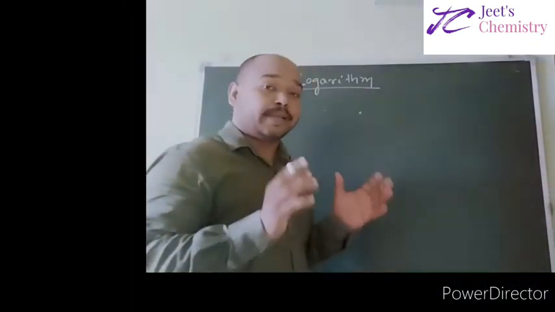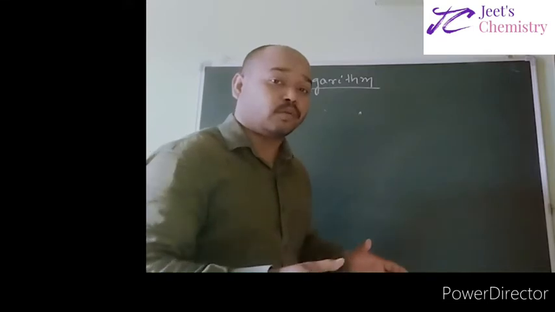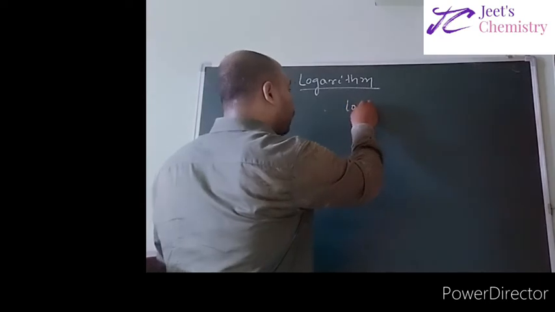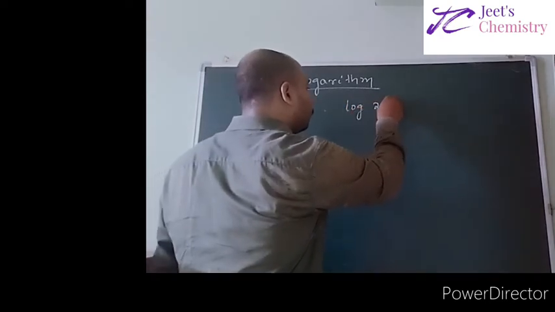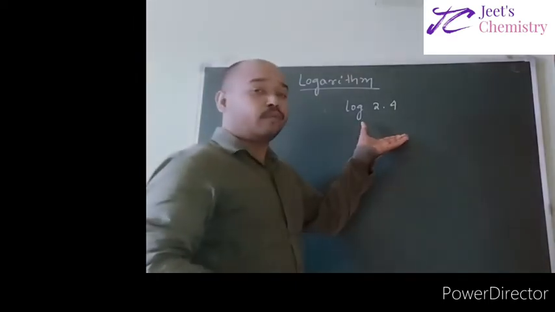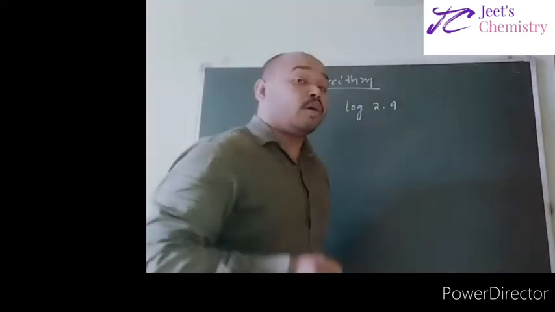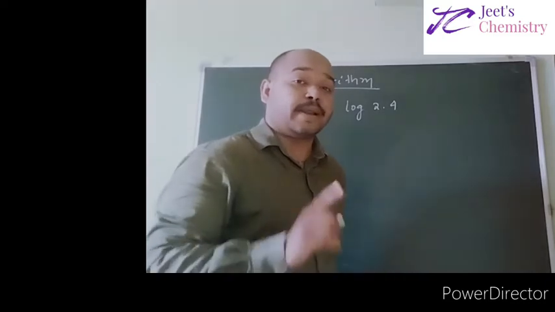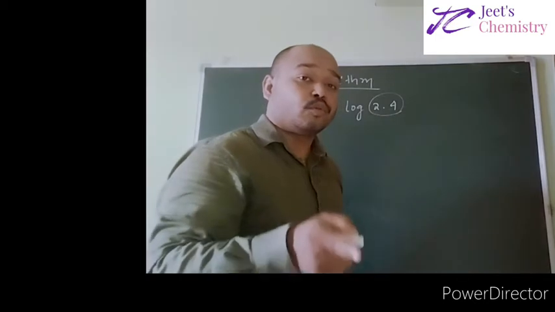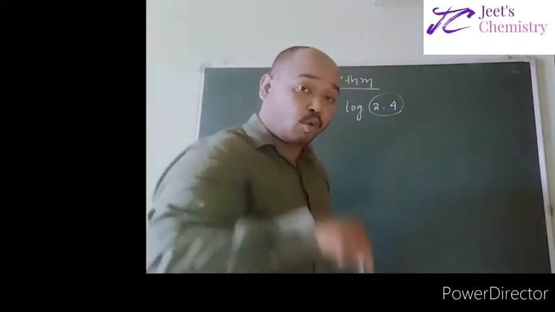Now we will take some examples of how to calculate the logarithm value. For that purpose I am taking log 2.4. So let's calculate the value of log 2.4. Always remember, our first priority is to convert this value into the prime factors that we know.